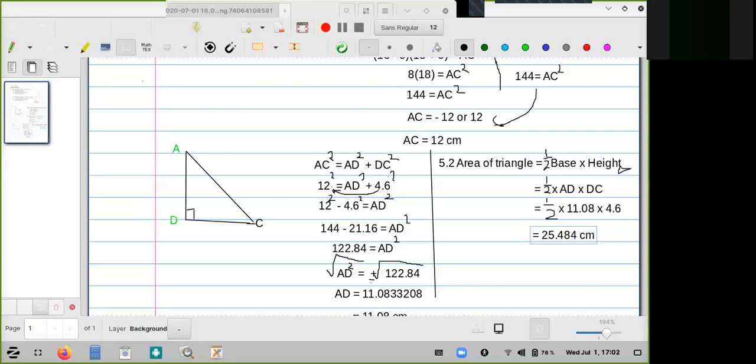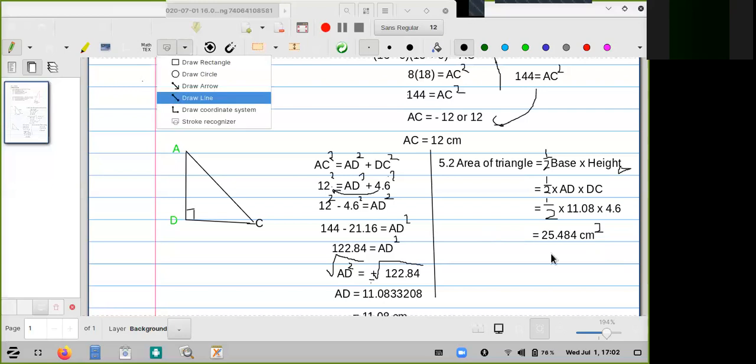Since we multiplied two dimensions, the symbol that we will put there to show that it's area is by putting square on the unit. So our area now is equals to 25.484 centimeter squared.